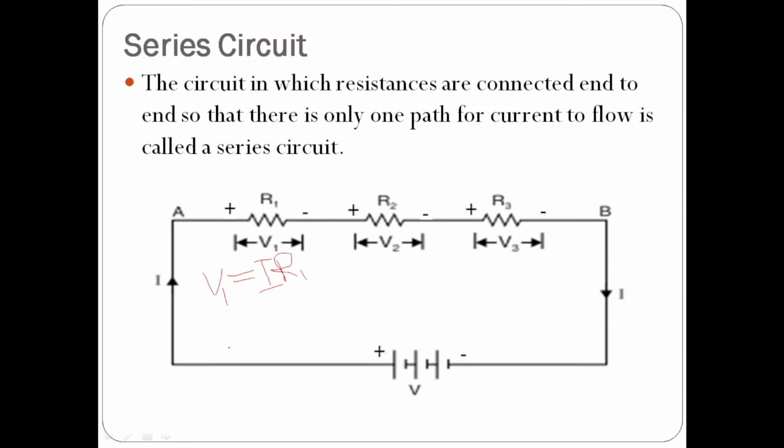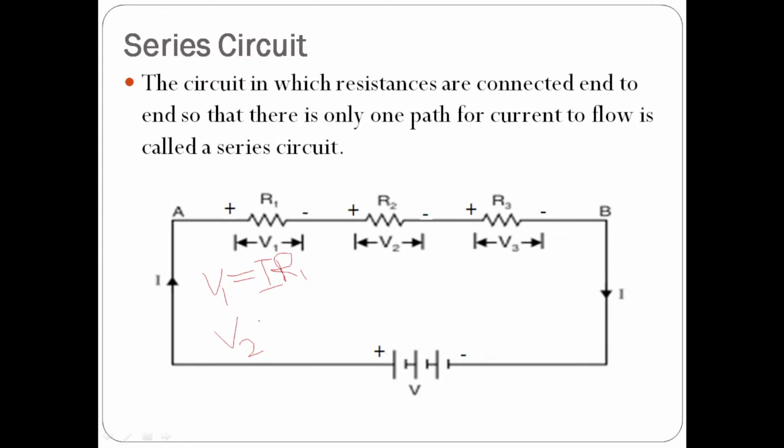Similarly V2 is equal to I into R2. What about V3? V3 is equal to I into R3.